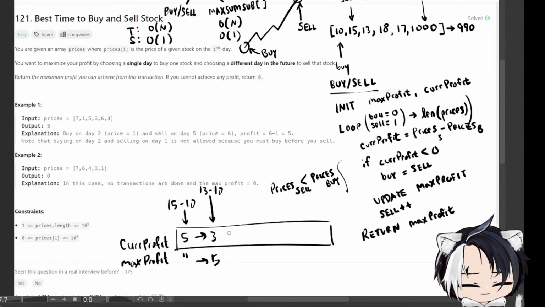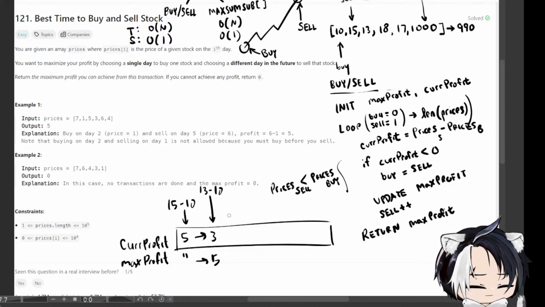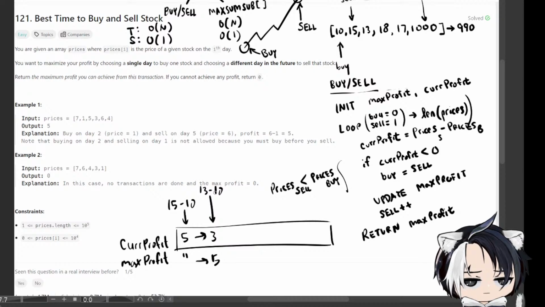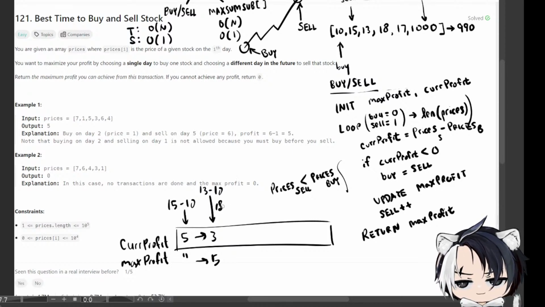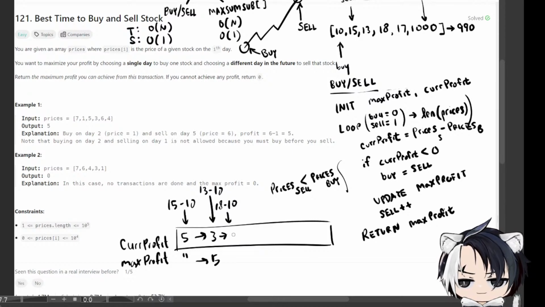And then after that, we do sell plus plus again, which is 18. So 18 minus 10 is equal to 8. So now max profit is equal to 8.